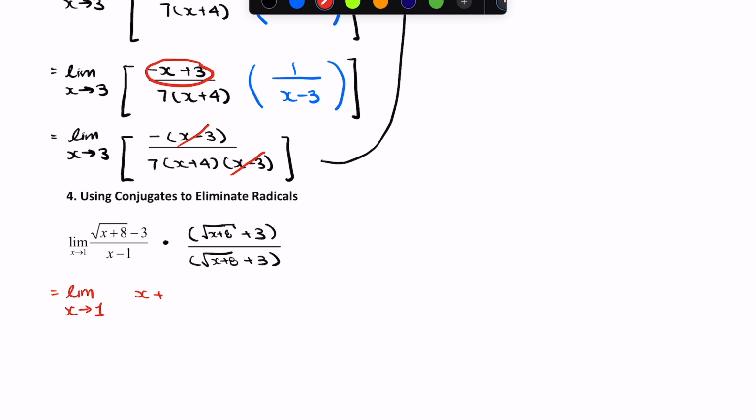Just rewrite that actually. So we'll do x plus 8 minus 9, all over x minus 1 times square root x plus 8 plus 3.